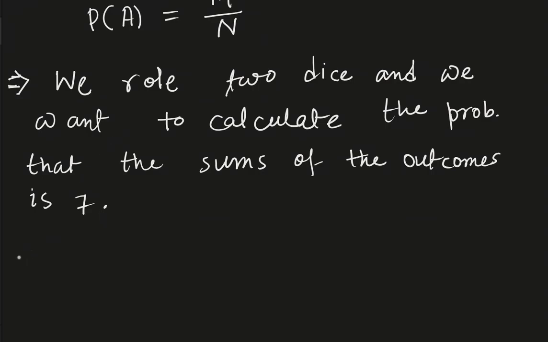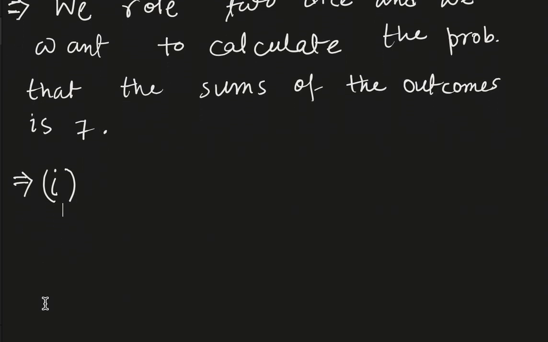So first, let me give a way to calculate it. You know that in a die, on all the faces, there are 6 numbers.